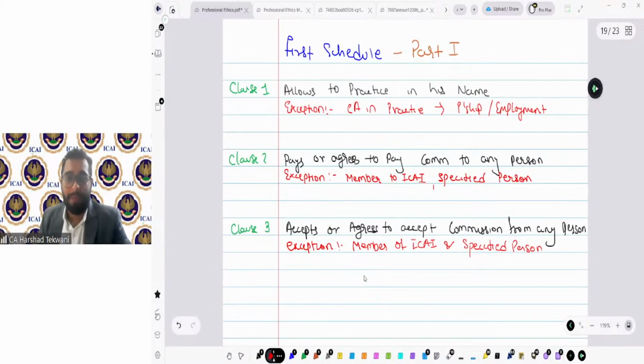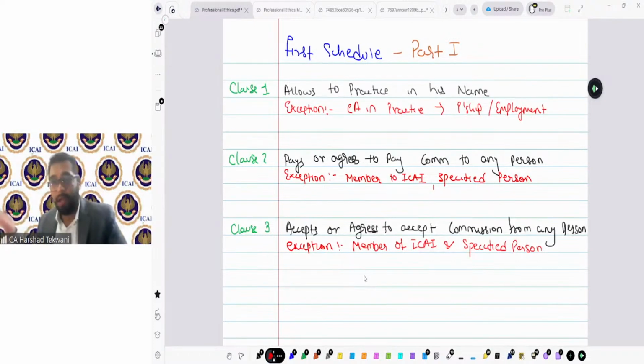So basically, if a chartered accountant in practice enters into partnership in India or outside India with any person other than a CA in practice or such other members who are specified, or members of other professional bodies having such qualifications as prescribed by the council or recognized by the government, where the conditions are met, then it is fine. If he enters with any other person, then he will be held guilty of professional misconduct.